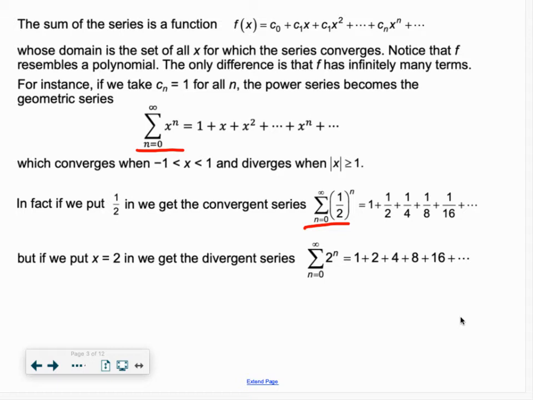But if you have an x value that's bigger than 1, like 2, you have a diverging geometric series. So it depends on what value we pick for x whether or not this series converges or diverges. And that's what we're going to study today: how to find those values of x that will cause the series to converge or diverge.